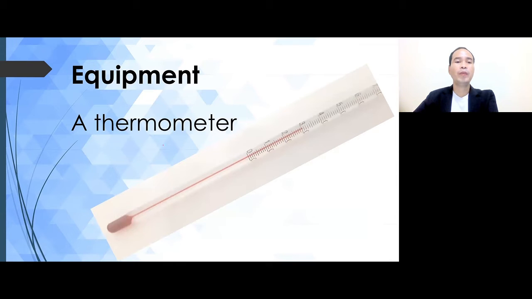Number three, we need also a thermometer. A thermometer is a device used to measure the degree of hotness or coldness. That is your temperature. So a thermometer is used to measure temperature.